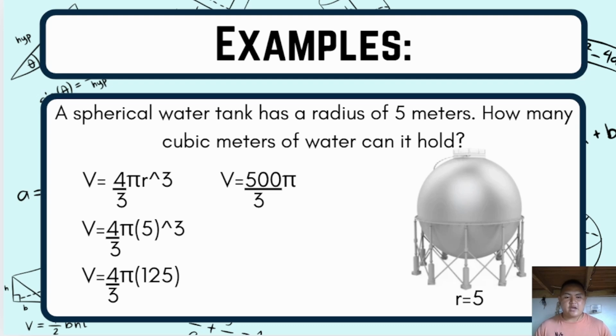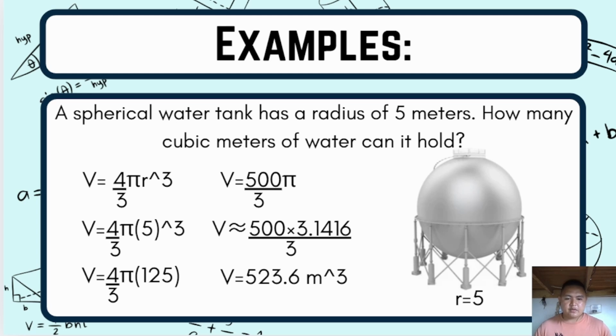The next thing that we are going to do is multiply 500 into 3.1416. So, volume is approximately 500 times 3.1416 all over 3. So, let's compute this. So, the spherical water tank with a radius of 5 meters can hold 523.6 cubic centimeters of water.